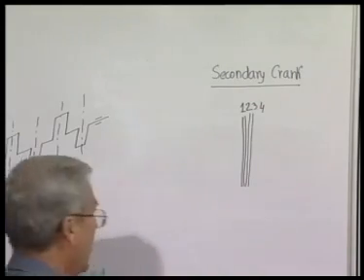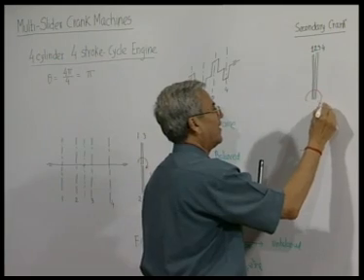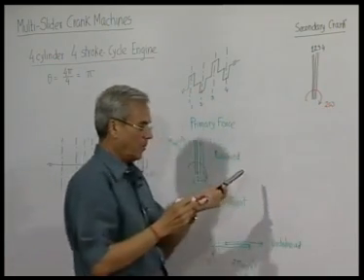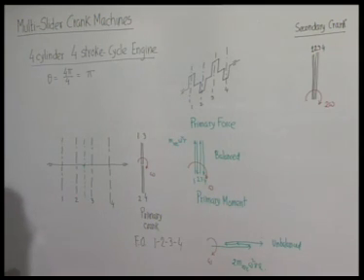So, now you find secondary cranks are all aligned and they are rotating at a speed 2 omega.